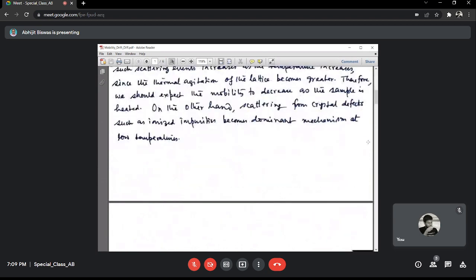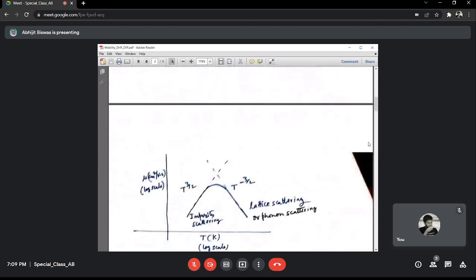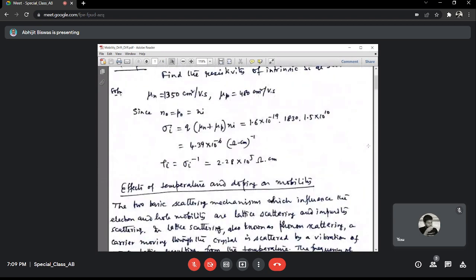You know that there are two mechanisms by which carriers flow inside the semiconductor. One is the drift mechanism, another is the diffusion mechanism. If we apply an electric field across the semiconducting material, carriers will be accelerated due to the applied force, that is equal to charge times electric field.